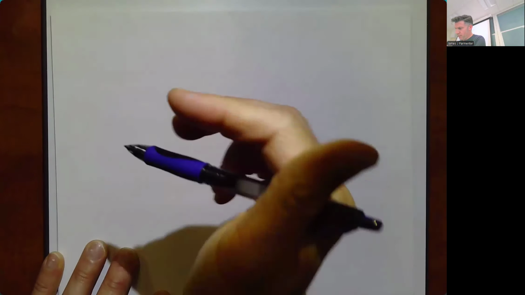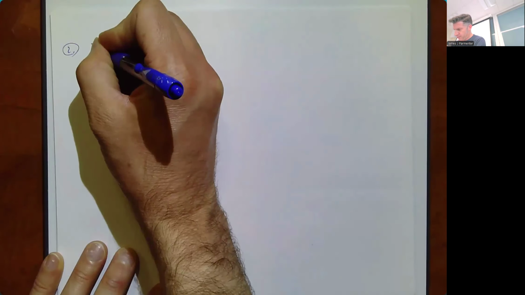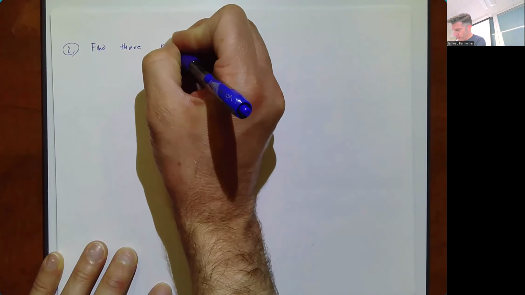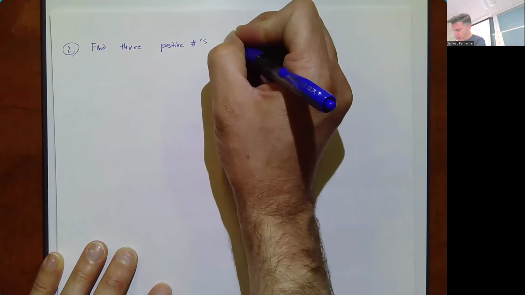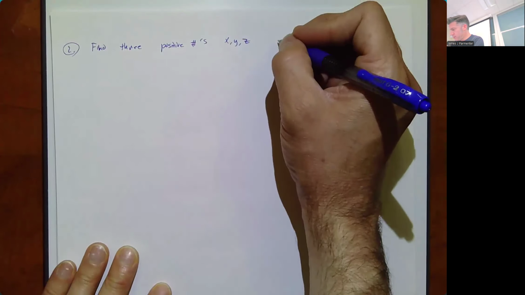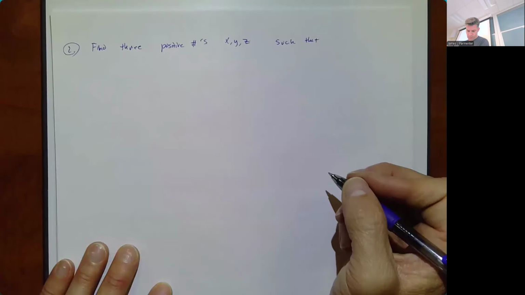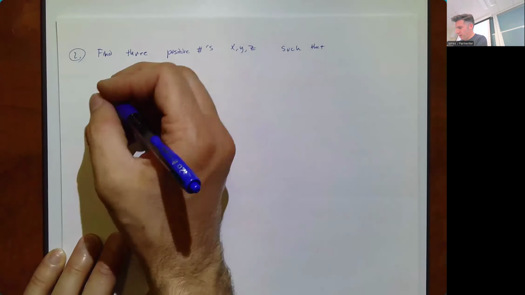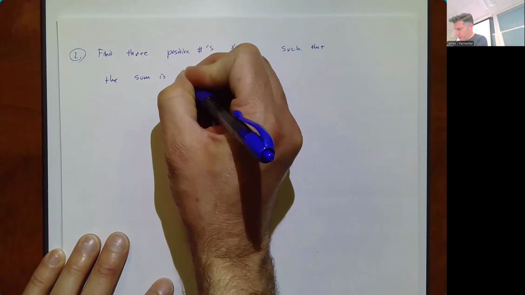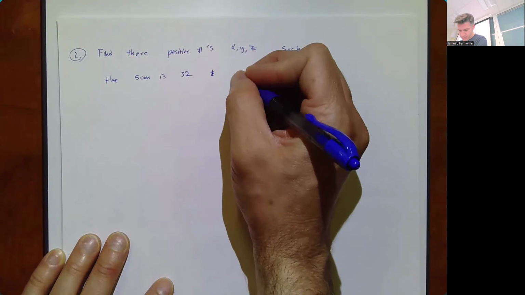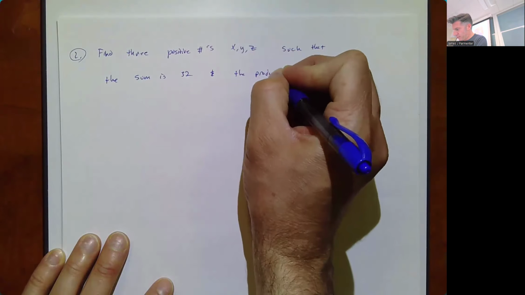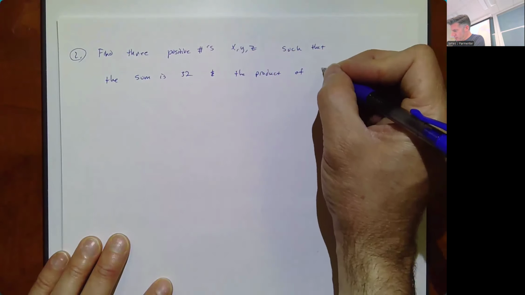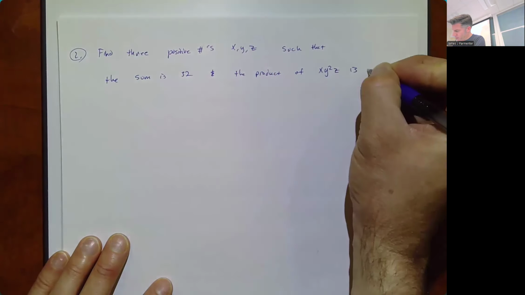Whereas something like the following: find 3 positive numbers, X, Y, and Z, such that the sum is 32 and the product of X, Y squared, Z is minimum.